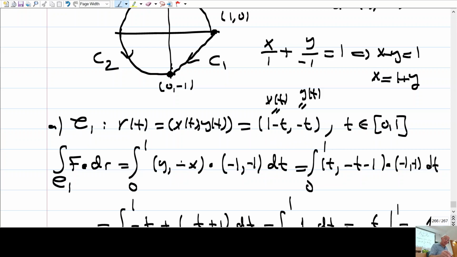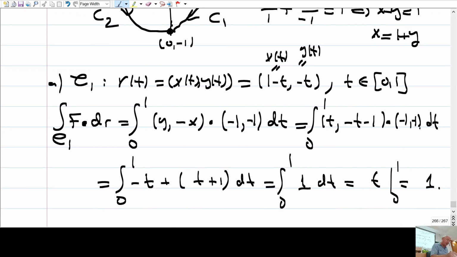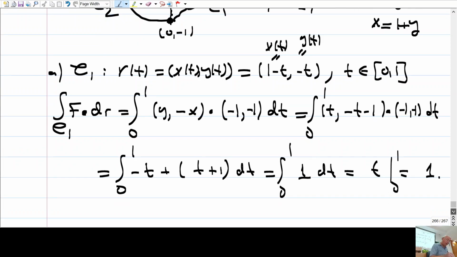So F dot dr, r(t), dr is just the derivative of this with respect to t, which is minus 1, and then dt. F is y comma minus x, which is t minus 1 comma minus t. So you take the dot product with minus 1, and you end up with the integral of 1 from 0 to 1, which is just 1.